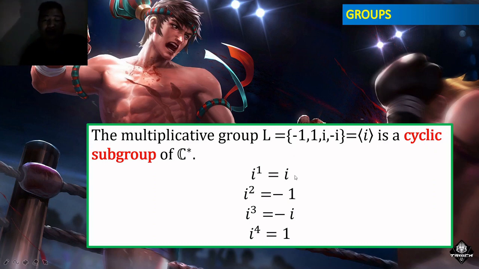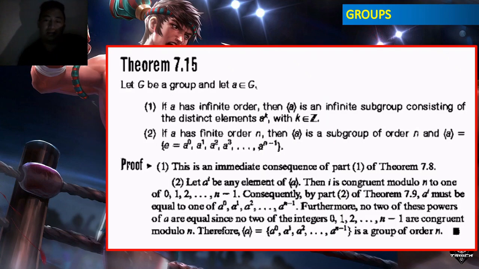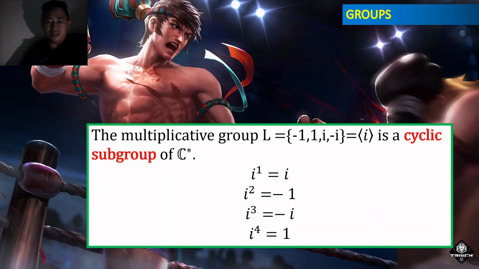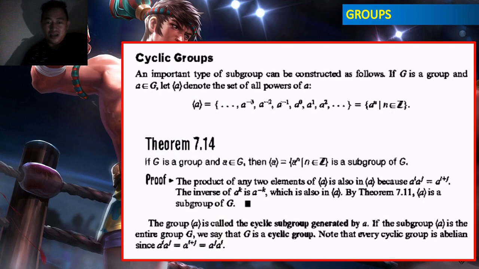It generates all the elements: i to the 1 is i, i squared is negative 1, i cubed is negative i, and i to the 4th is 1. Right? It got everything from i. Now, if the subgroup generated by a is the entire group G, then G is a cyclic group.